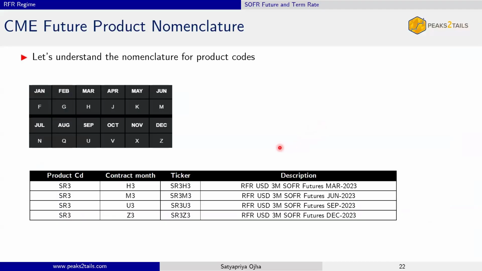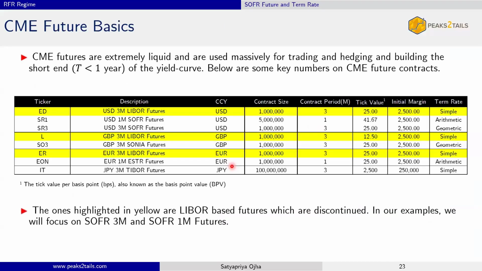All right, now let's talk about some of the valuation. As I mentioned, earlier we used to have Eurodollar futures, which were USD 3 month LIBOR futures because the futures referenced the LIBOR rate. All these yellow ones refer to LIBOR, so that is now extinct. Now we have SOFR based futures.